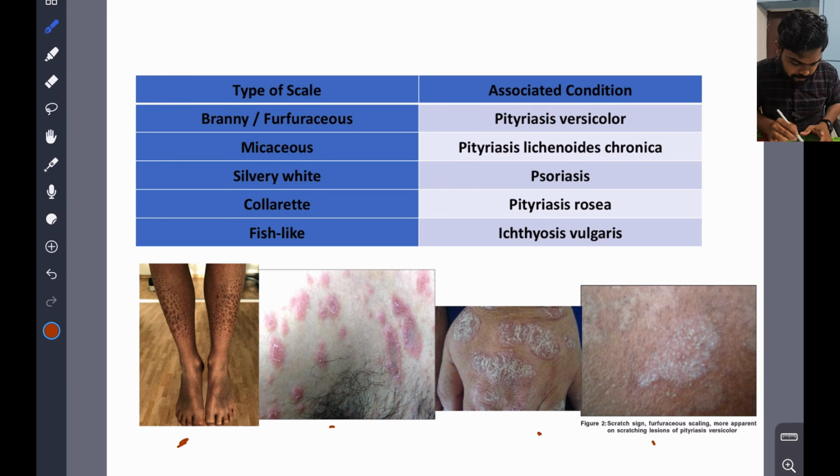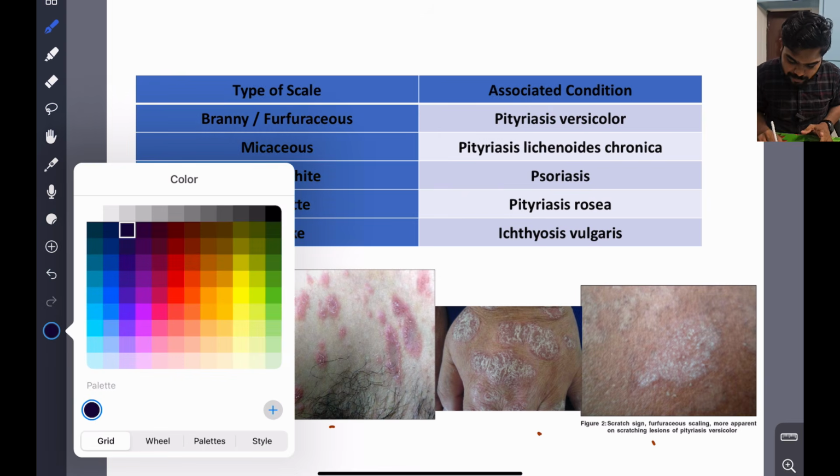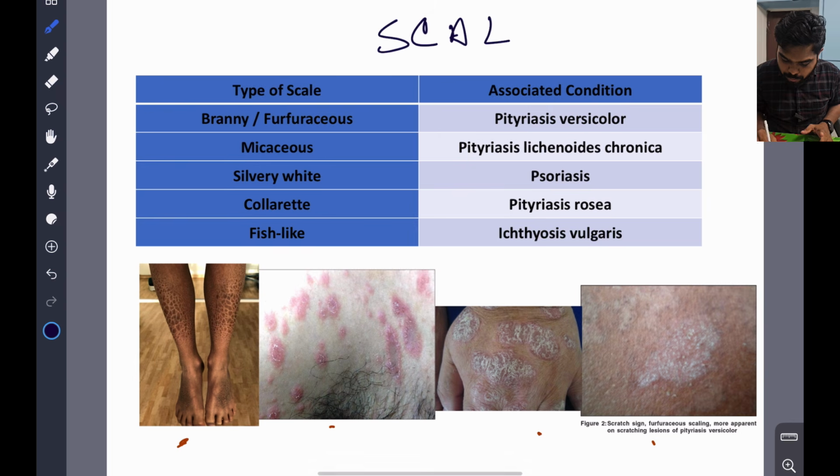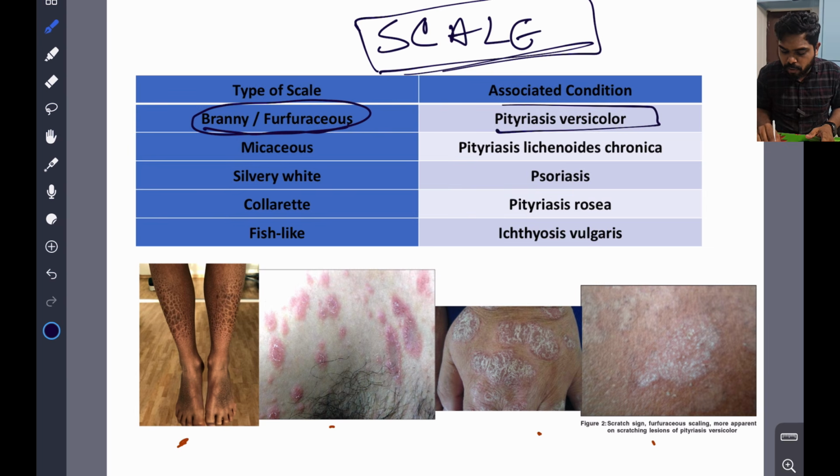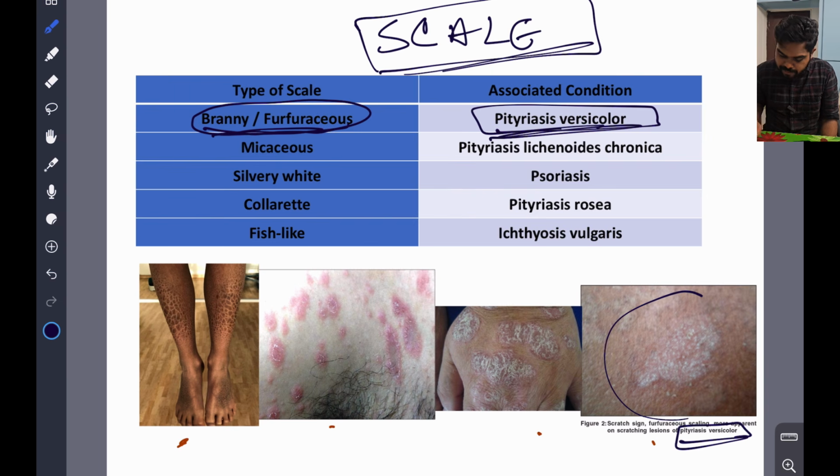Scales in dermatology, this is important. The term will be there, and in image-based and term-based questions. So branny, furfuraceous, branny, we already told: pityriasis versicolor has fine branny scales.